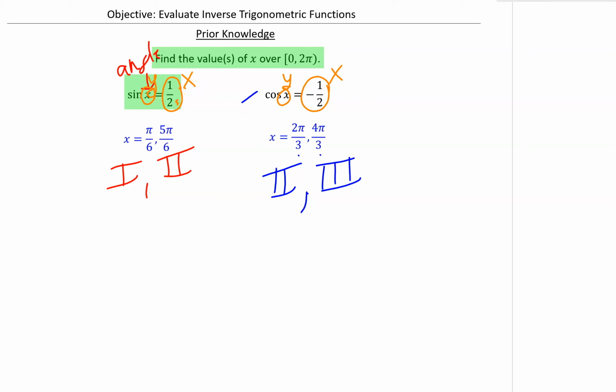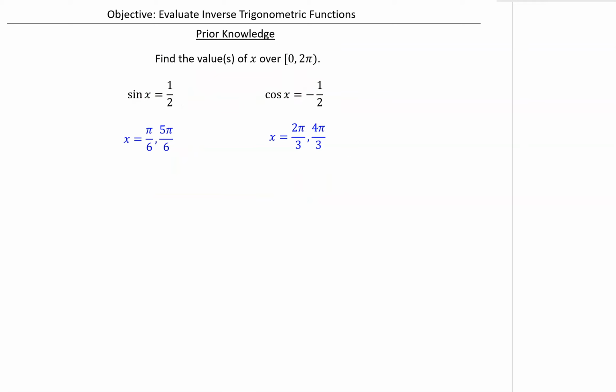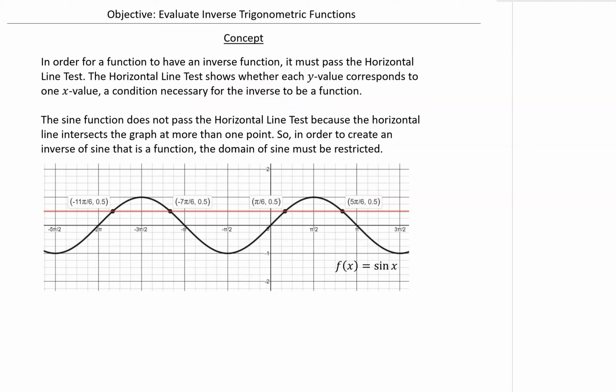And in an inverse, if we want it to be a function, we have to make sure that it's a 1-to-1 correspondence. All functions are 1 x, 1 y. The problem with sine and cosine is that when we invert them, they are not 1-to-1 because of their periodic nature.